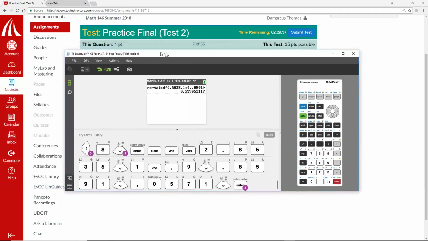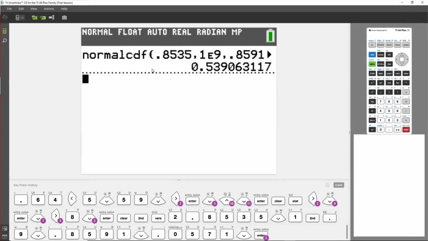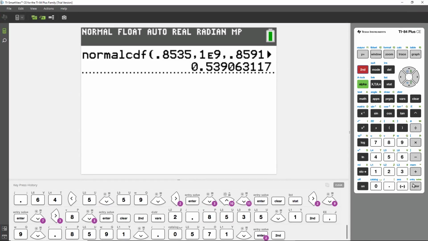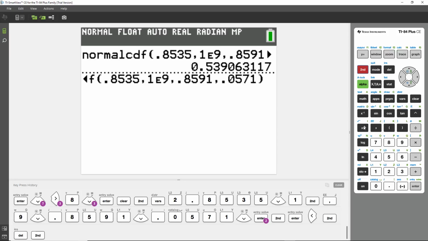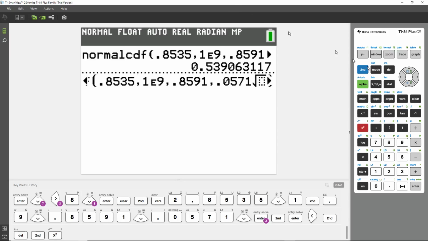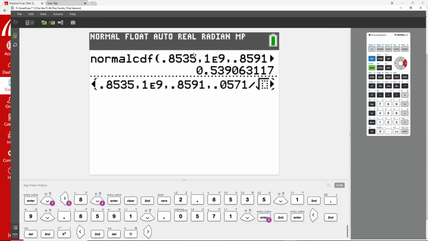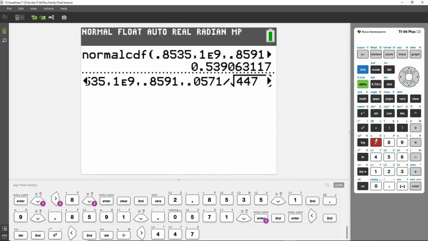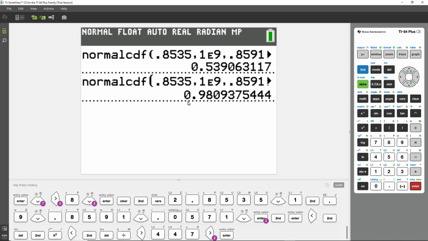So what we'll do is, because everything else is the same, I'm going to do a second entry, and that standard deviation is going to be the standard deviation divided by the square root of the sample size. Now, what was that sample size again? 447. And we're getting 0.9809.